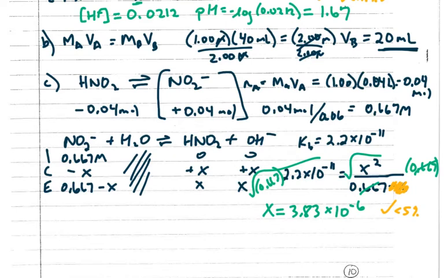So this means that our concentration of OH minus at this equivalence point is 3.83 times 10 to the negative 6.